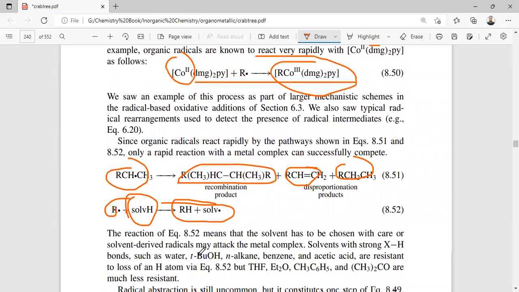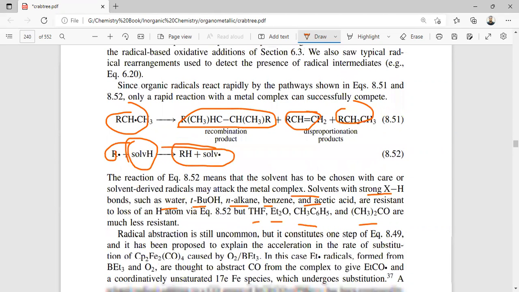This reaction means that the solvent must also be chosen with care, or the solvent-derived radical may attack the metal complex. Solvents with strong X-H bonds such as water, tert-butyl alcohol, alkanes, benzene, and acetic acid are resistant to loss of H atom, but THF, ether, toluene, or acetone are much less resistant.